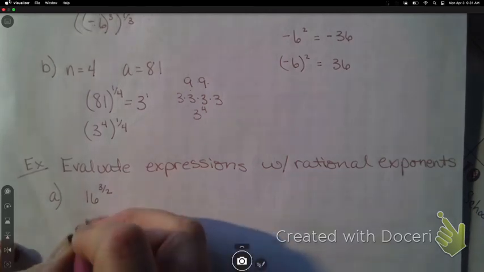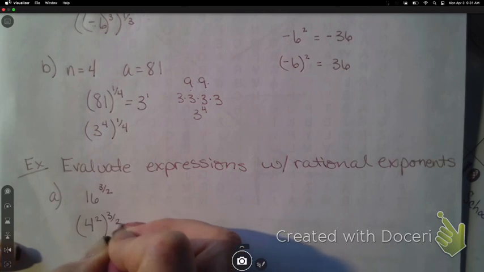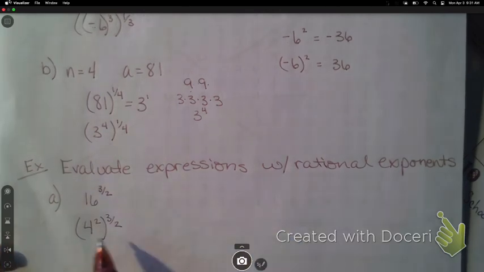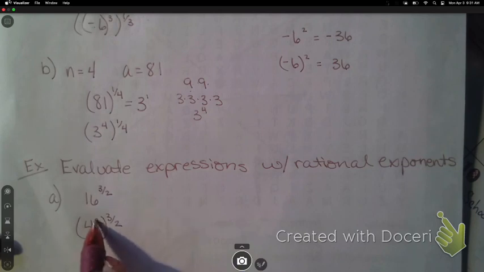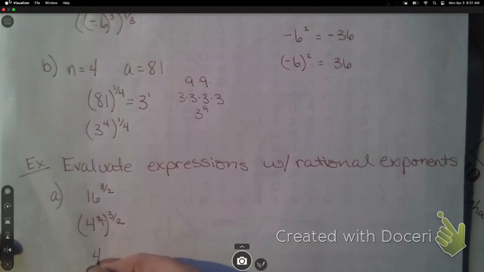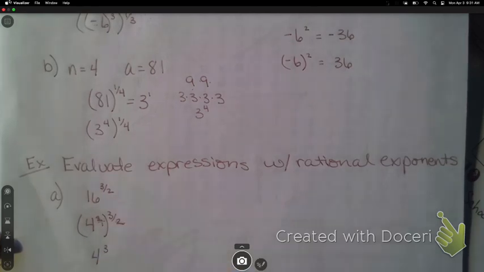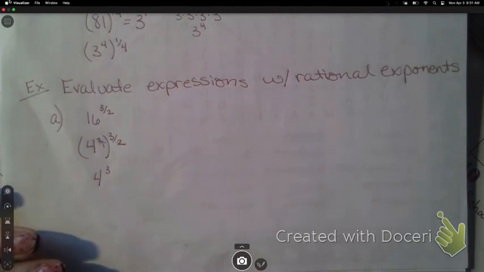So I write it as 4 squared to the 3 halves. Well, a power to a power, I multiply, yes? And so this is 2 over 1. So what happens to the 2's? They cancel out, and I get 4 to the 3rd. You should know 4 to the 3rd.